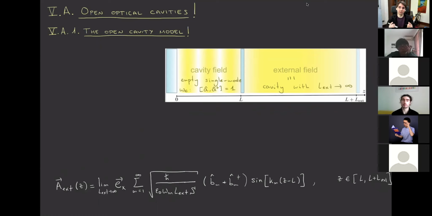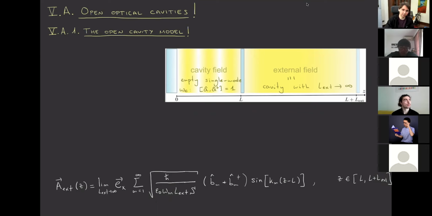But if 1 over the length of the cavity goes to 0, this means that the set of frequencies becomes infinitely dense. So you always have one frequency very close to another. So you get to a continuum of frequencies. And this is the kind of model we are going to use.